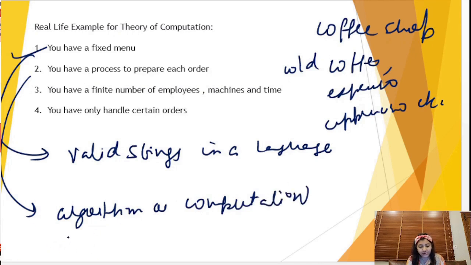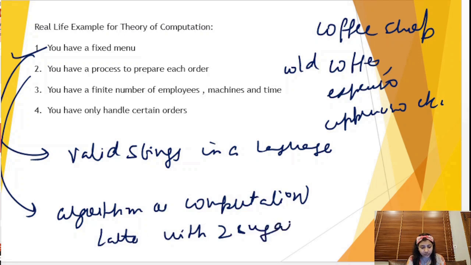So if someone asks for a coffee, let's say a latte with 2 sugars, there will be a step-by-step recipe that you have to follow to produce this correct coffee, right? This can be treated as the algorithm or the computation that we are talking about to process the strings in our language.